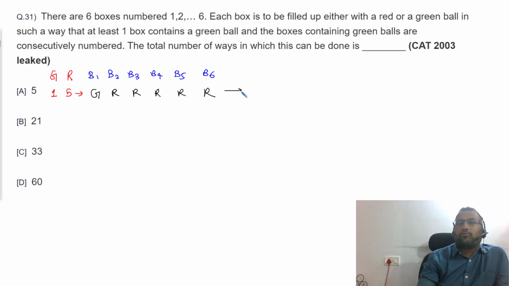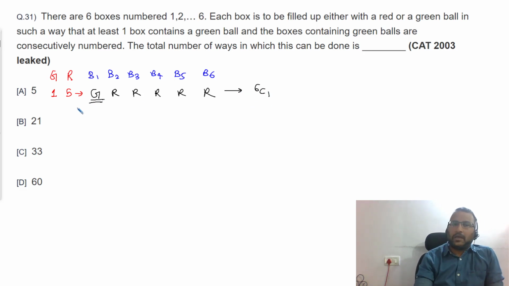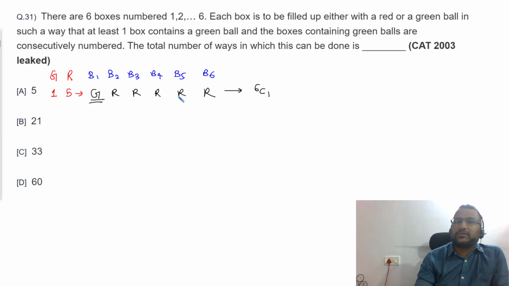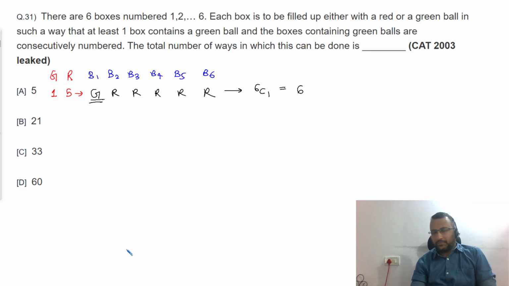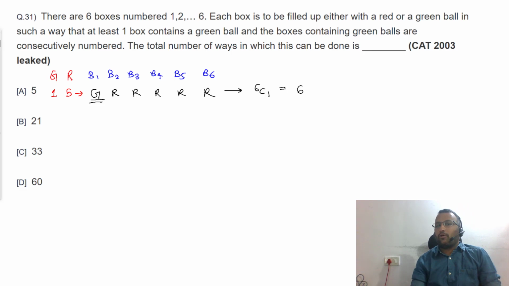Out of 6 boxes, choose one box, put a green ball there, and in the remaining boxes put red ball. We can do this in 6 ways. Which 6 ways? The first way is green ball is in box 1, second case green ball is in box 2, third case green ball is in box 3, and so on.